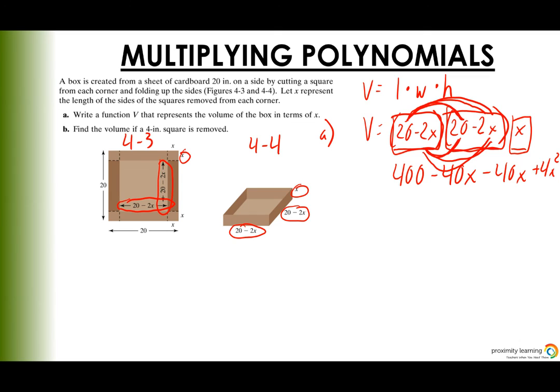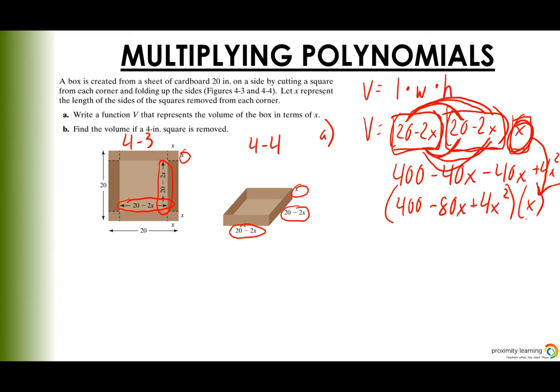Now we're going to combine like terms real quick. So 400, our like terms are negative 40x minus 40x, which is minus 80x, plus 4x squared. Now we're going to multiply all that by x. So I'm going to drag them down. Now we're going to distribute the x amongst everyone.